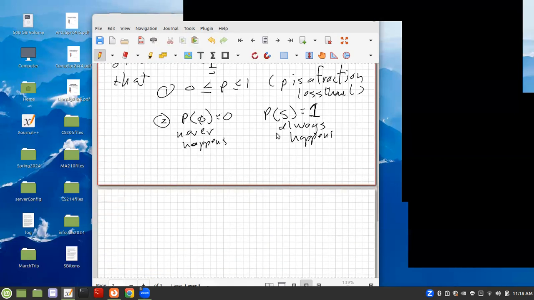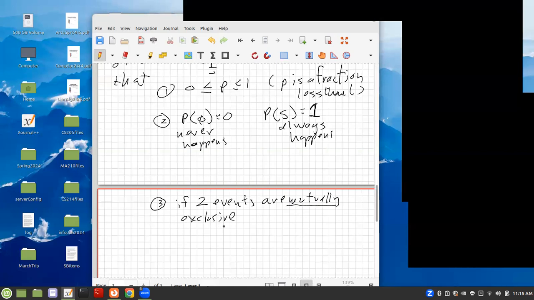Okay, but there's a third requirement. Well, there's actually more than that. There's the idea that if two events are mutually exclusive. Well, what does that mean? Mutually exclusive.